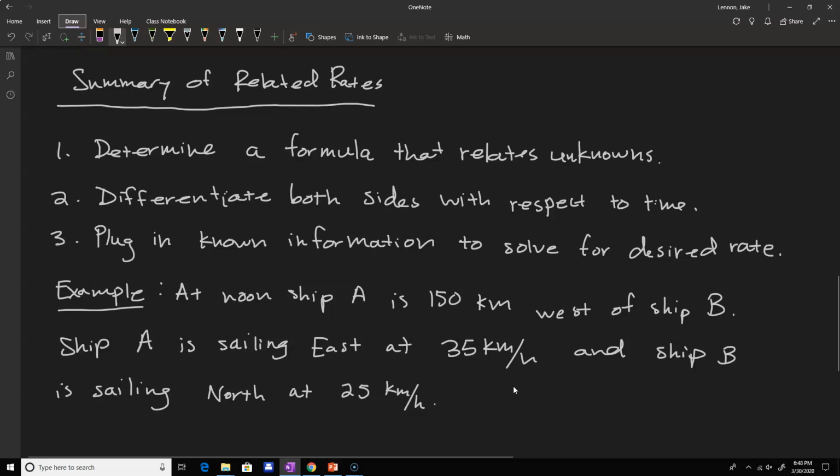So we want to know how fast the distance between them is changing at 4 p.m.